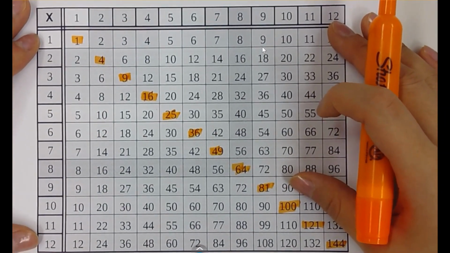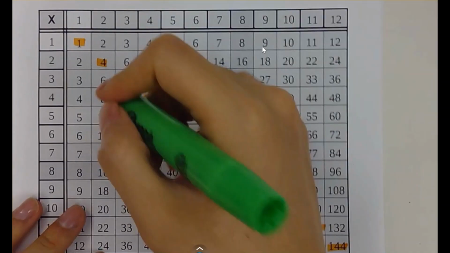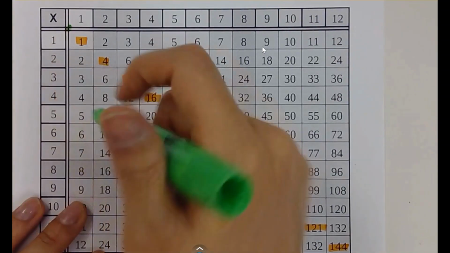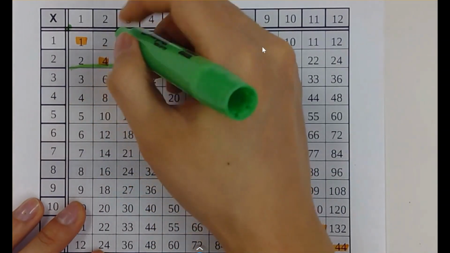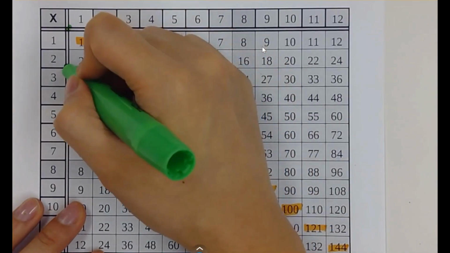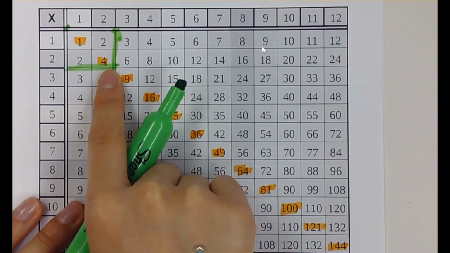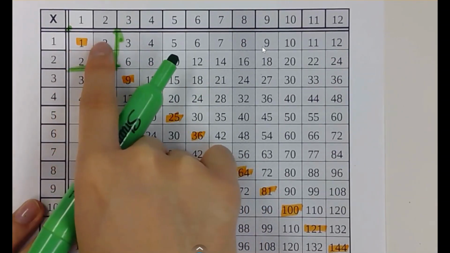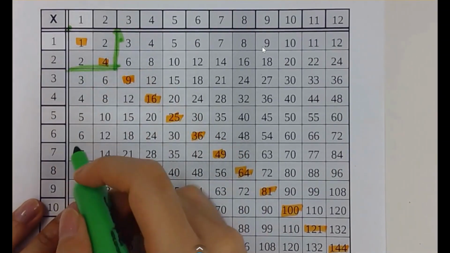Something interesting about looking at the perfect squares in the times table is that if I draw a little box starting from this corner, for example to the 4 here, then I have a 2 by 2 square that has 1, 2, 3, 4 boxes in it. And that pattern also follows for other numbers as well.